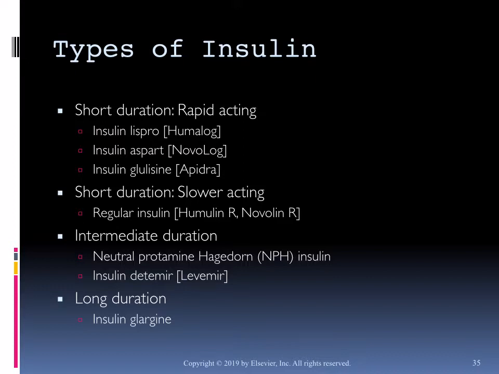We can give it now not just in a syringe, drawing it up, but we also have insulin pens, and that's really helpful for a lot of patients who have difficulty with their sight. And then you have long-acting insulin, which gives you a basal amount over a 24-hour period, and you have your pre-mixed insulins, a mixture, like I mentioned, of intermediate and short-acting, and intermediate and rapid-acting.